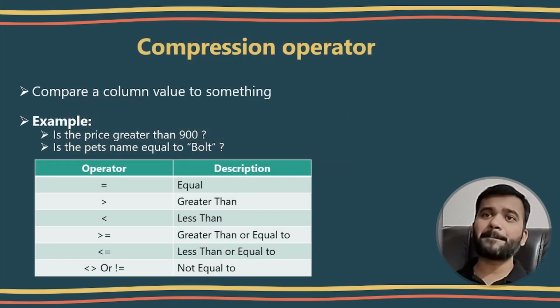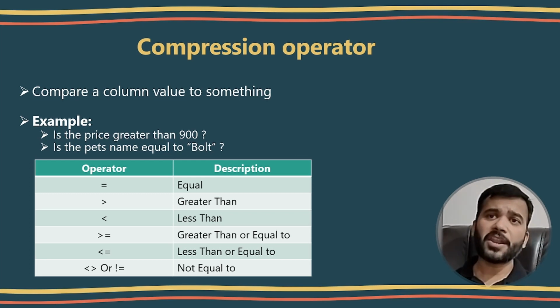These are the comparison operators. Basically they compare a column value to something. For example, is the price greater than 900? Let's say you have an order table of pets, with their price, their name, their breed, and everything.